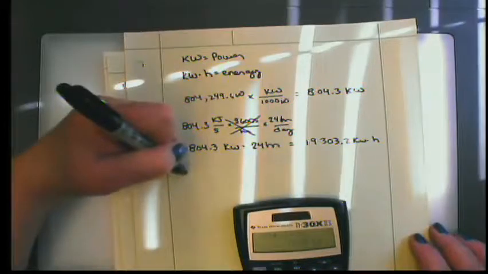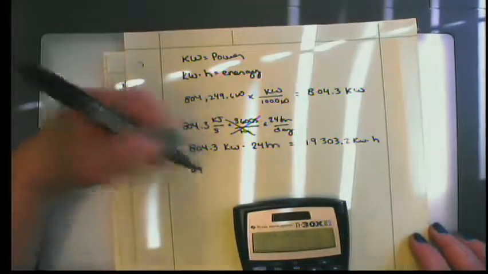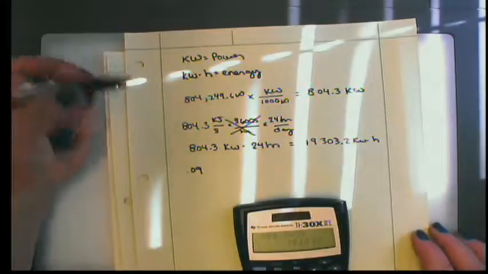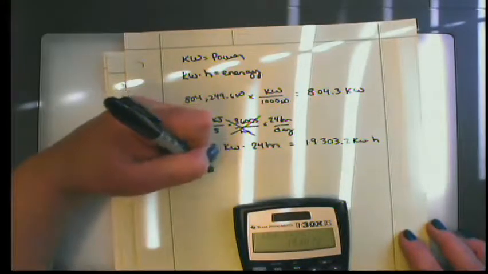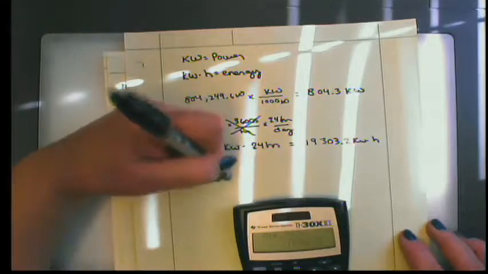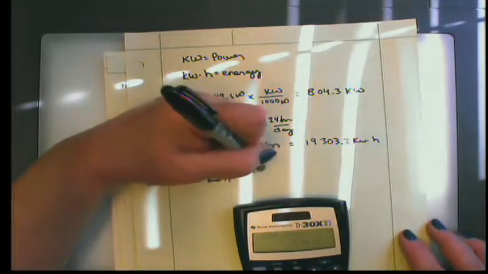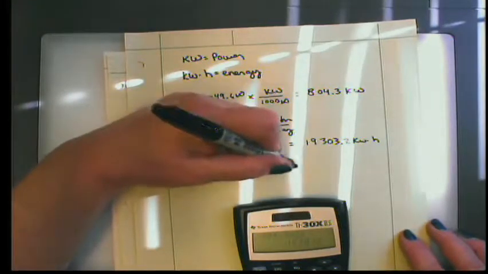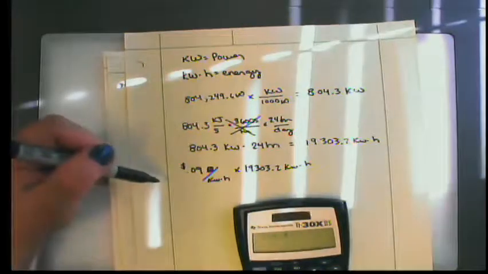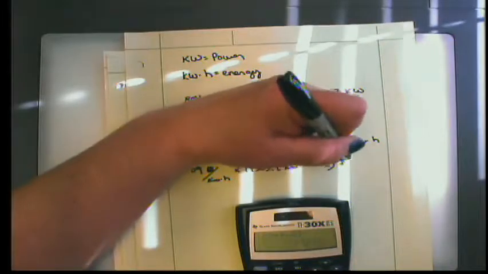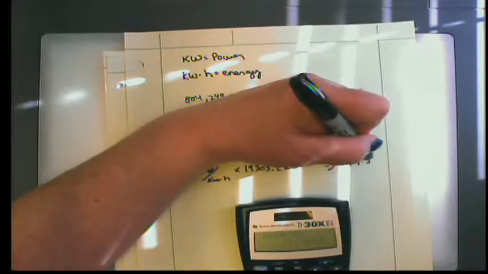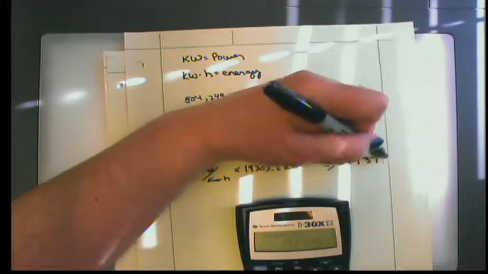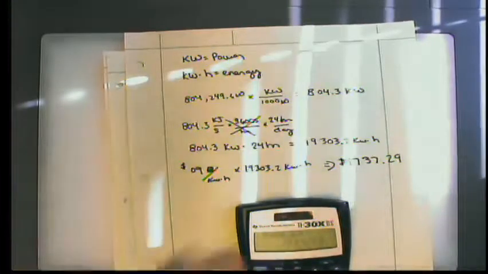So if I take 0.09, not 0.09 cents, $0.09, that's 9 cents per kilowatt hour, and I multiply that by 19,303.2 kilowatt hours, I just take that value, multiply it by 0.09, and that gives me a yield of $1,137.29 per day.